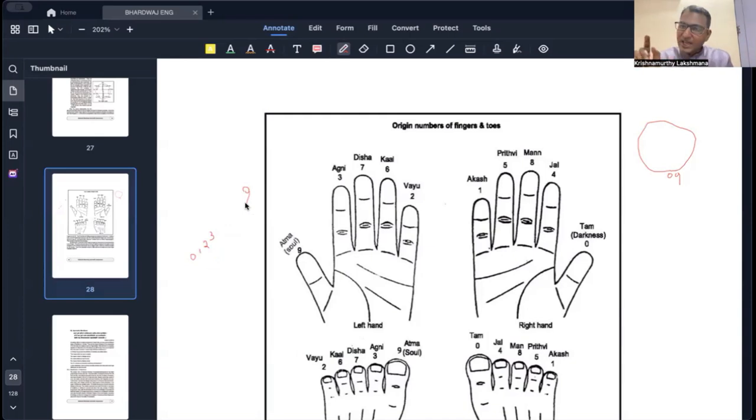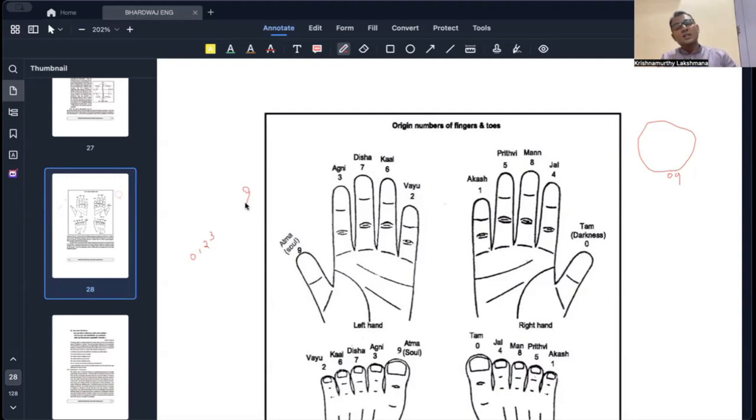So we have individual numbers in the number system, and all the other numbers are some permutation and combination of these 0 to 9. You can create any big number out of these 10 fundamental numbers, because 0 is also involved. So 0 to 9 is 10 individual numbers.